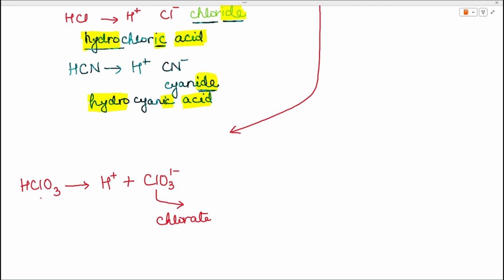Any oxoacid, as I've already told you, will contain oxygen, and when we are naming them, we do not use hydro. That's the first important thing you need to remember over here.